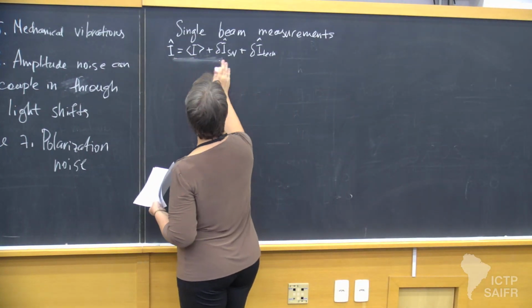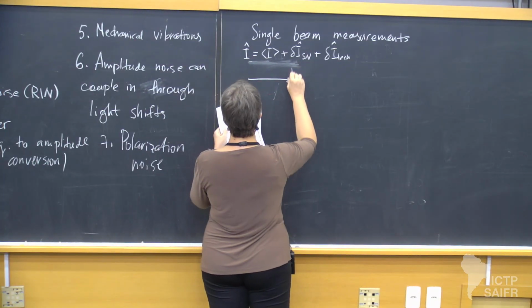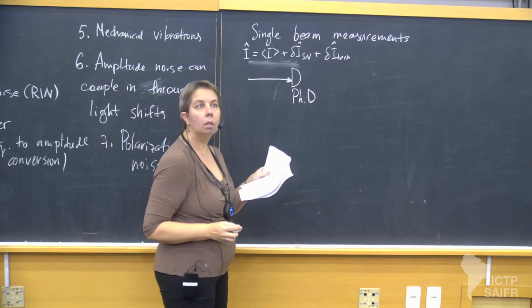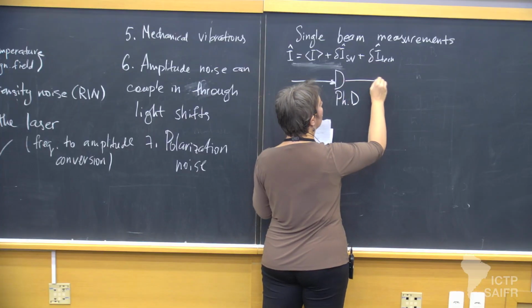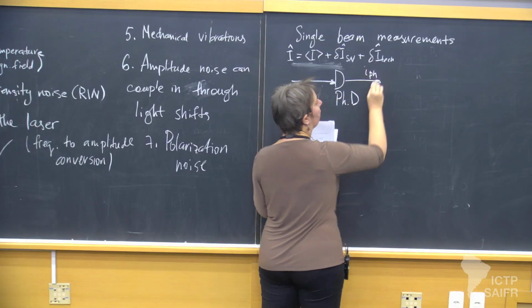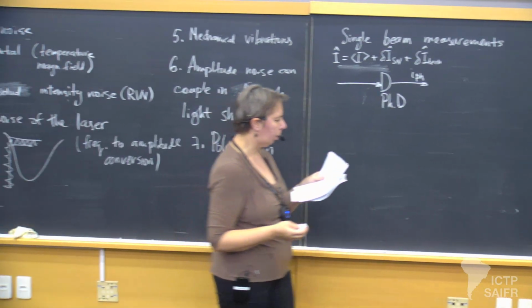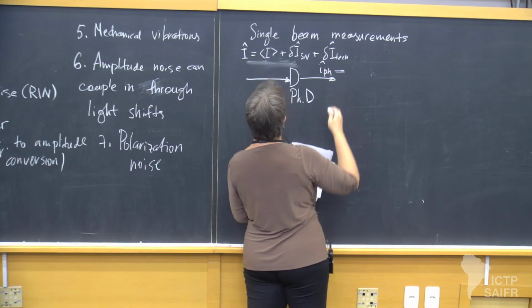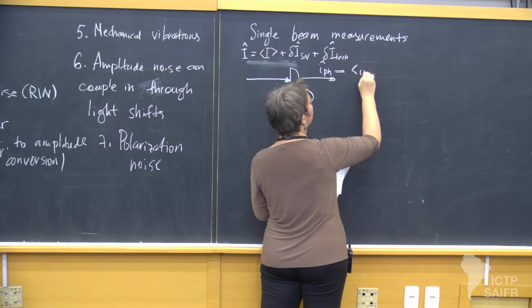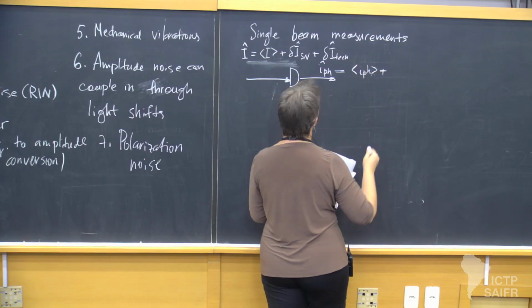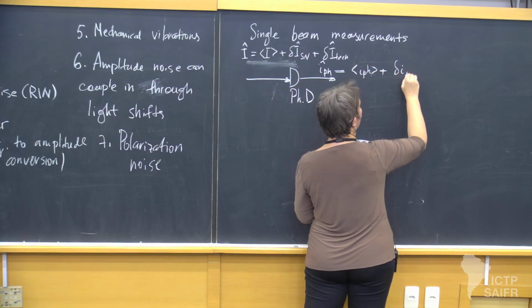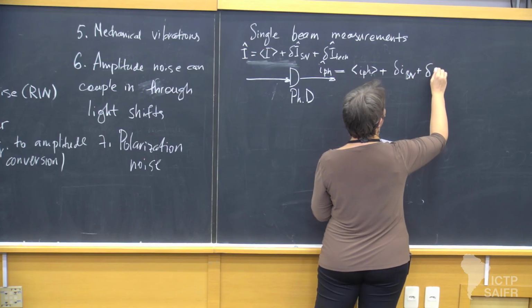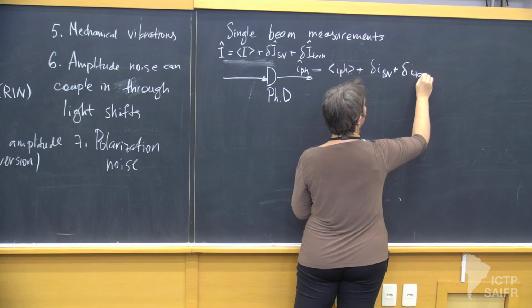So if we have this intensity, and it goes into the photodetector, then what comes out is the photocurrent. That's ultimately what we're going to measure, which basically reflects that. So its fluctuating current will be the average value plus some current fluctuations corresponding to the shot noise plus some current fluctuations corresponding to the technical noises.